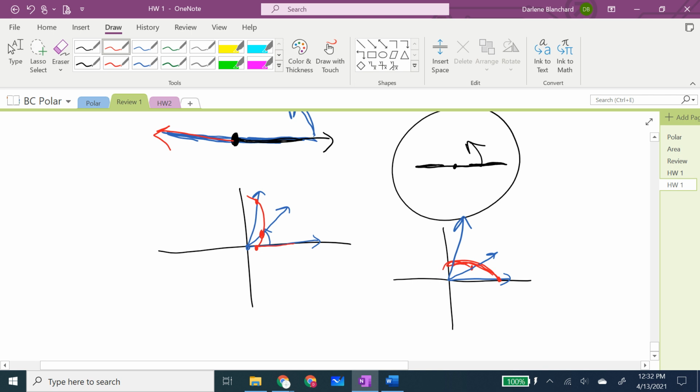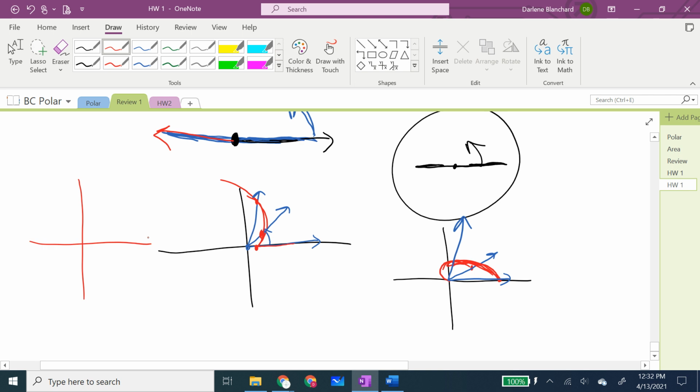Us drawing it is very difficult. We're not going to draw it perfect. You just need to realize that if theta turns and r increases, you spiral outward. If while theta turns, your r is decreasing, you're actually spiraling inward. And then the biggest issue is knowing that loops are created between zero values of r.